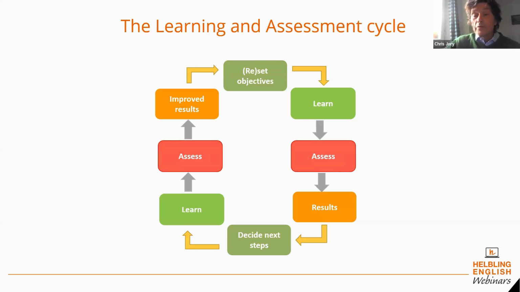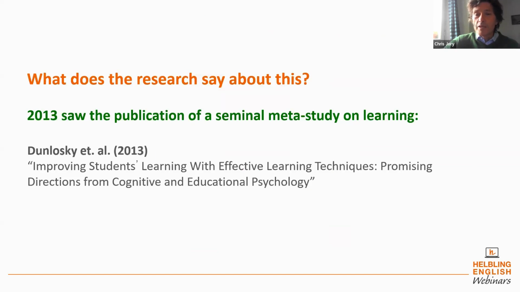And the important thing here is that this cycle is done regularly and often, so that the objectives don't go out of date and don't become divorced from where students currently are and what they're going to be able to do next as they move towards those longer term goals. So it's a simple cycle, but as we'll see, possibly easier said than done on a regular basis. And it does need to be regular to be effective.